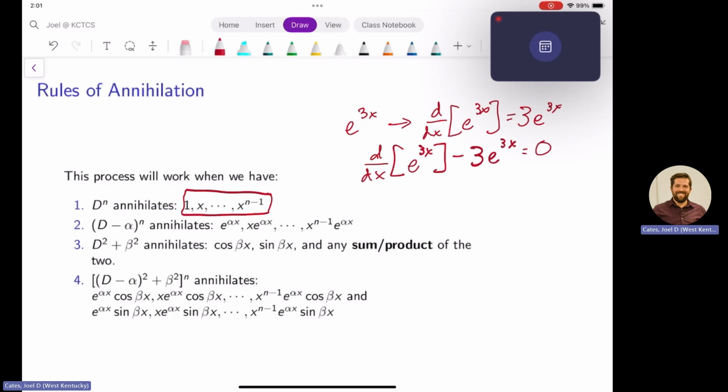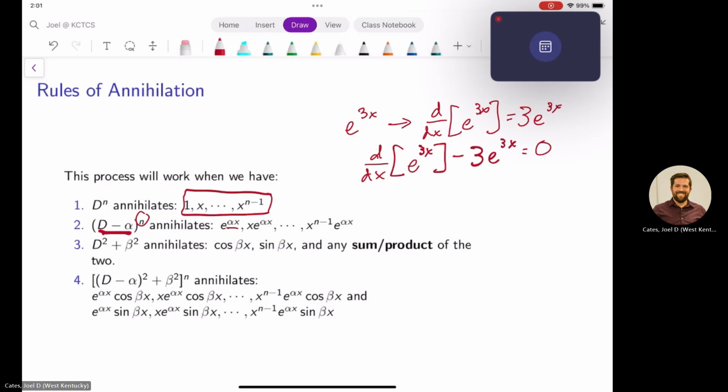And that's why we have this derivative minus alpha for the case of something that has e to the alpha x. Now, if we have any kind of x as a product with that, well, then we have to raise this to the power, because as you start taking derivatives, you have the product rule going on, and that kind of changes the dynamic.